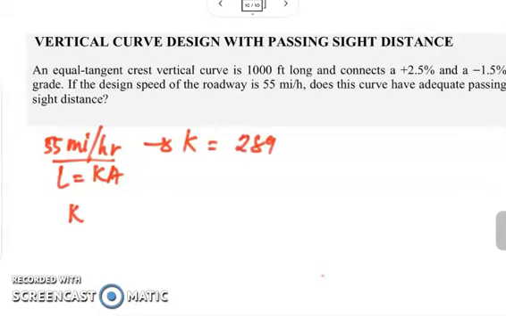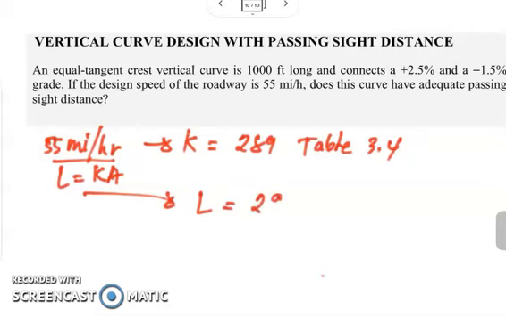So that is the value for our K based on table 3.4. So therefore, using this equation, L here would be equal to 289 times our A, which is G sub 1 minus G sub 2.